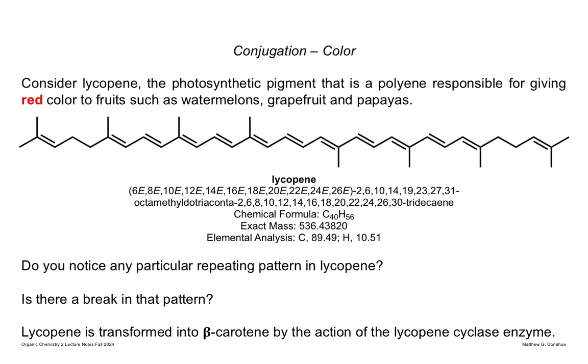So there's a question, do you notice a repeating pattern? And if you start at the end and work your way into the middle, the repeating pattern is 5 carbon units. So that's the repeating pattern.